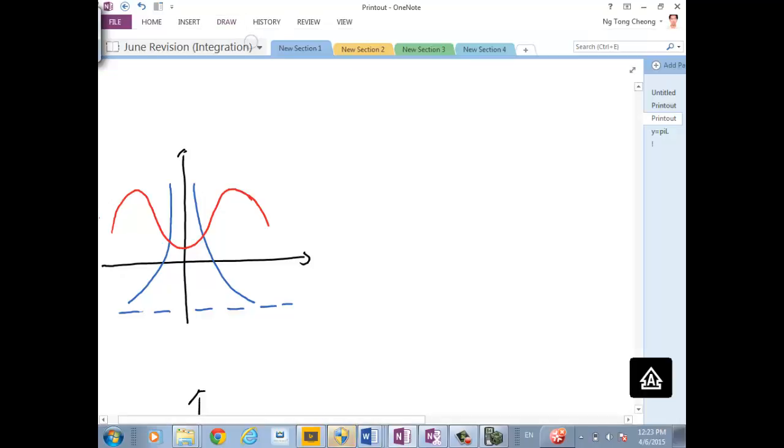And because I'm still going to get a complete solid, I can still use the pi integrate formula, but this time around, because I am integrating about my y-axis, it should be this x squared dy. So I can still use this.